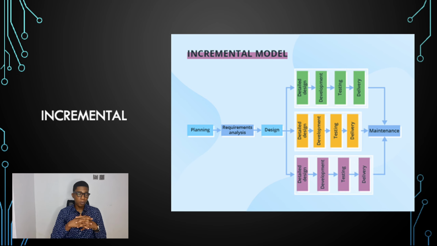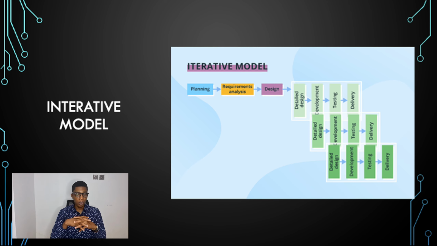Now, the next model we're looking at is the iterative model of software development. With the iterative model, software changes on each iteration, evolves and grows. As each iteration builds on the previous one, software design remains consistent.